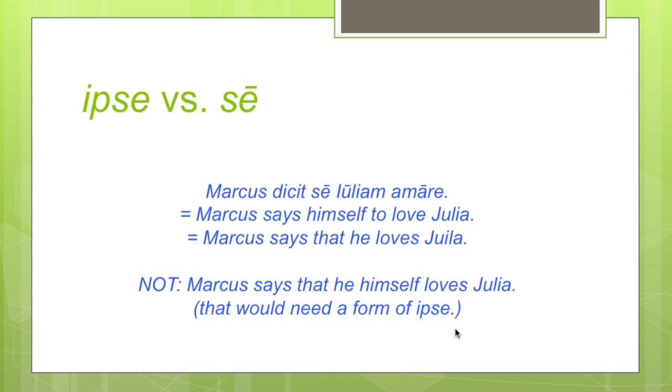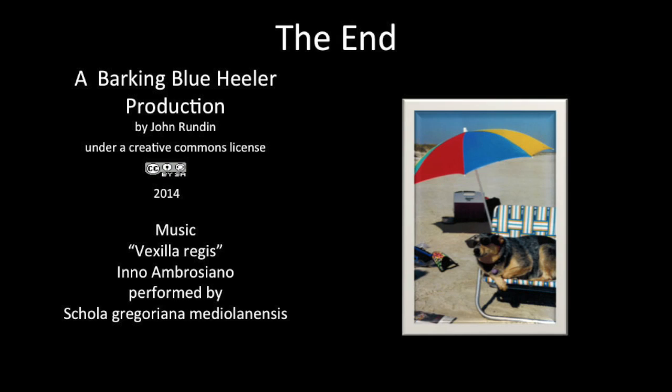So watch out for that. I'll be pointing that out in class as we read Latin. But that's a very common mistake that people make. They see the reflexive pronoun in indirect statement, and they think it's an intensive pronoun because they're misled by their English sense. But reflexive pronouns are completely different from intensive pronouns, and it's important not to confuse them.